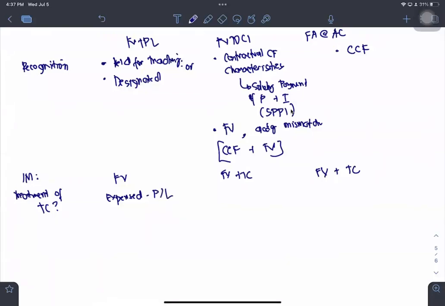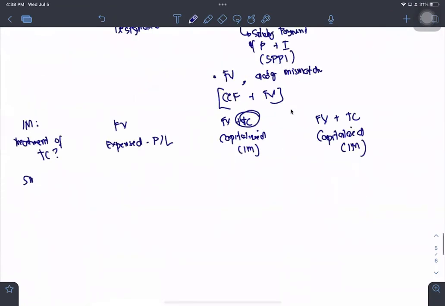While in your FVTOCI, it will be capitalized, meaning it is part of your initial measurement. As you can see, you add the transaction cost here. While for amortized cost, it is also capitalized, part of initial measurement. Now let's go to your subsequent measurement.